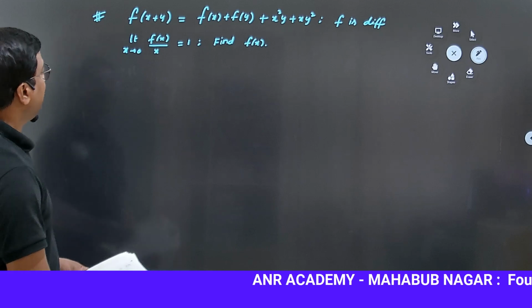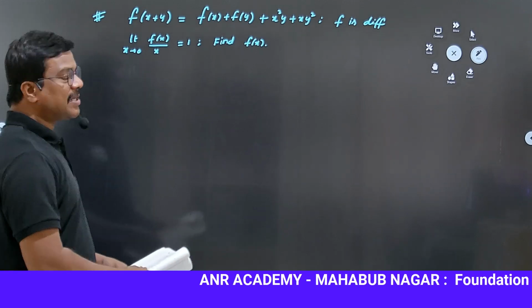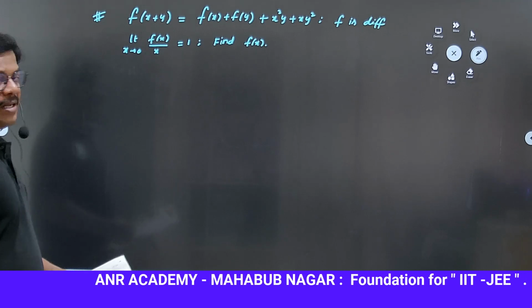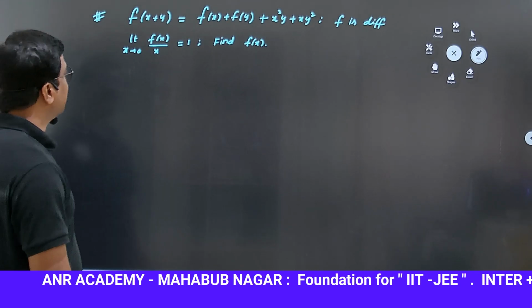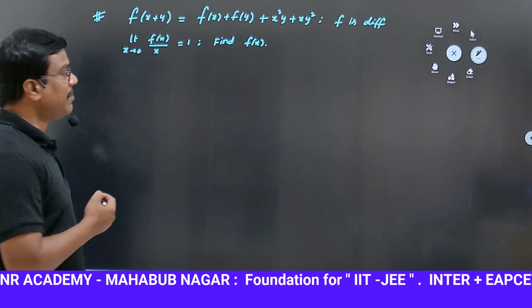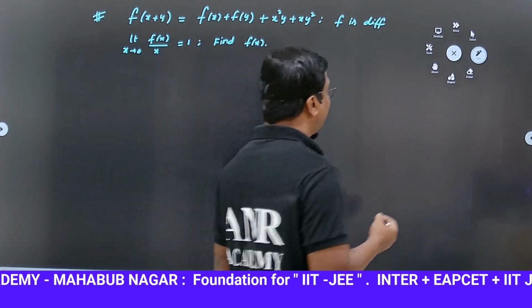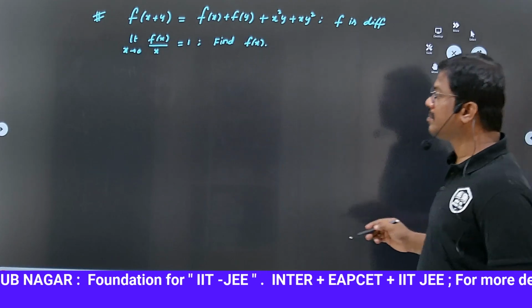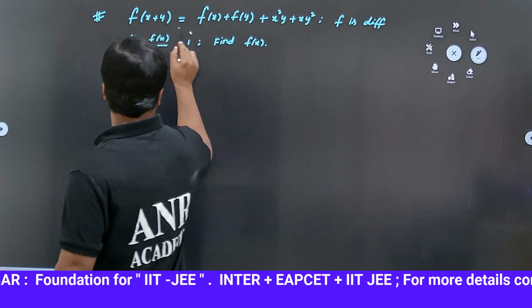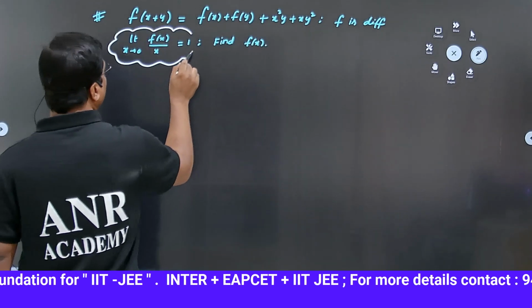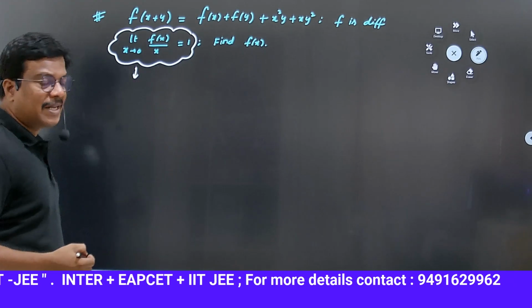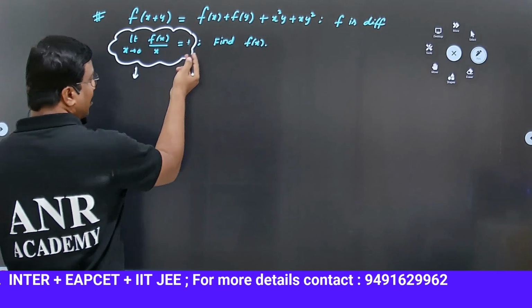See here, f is differentiable, there is a functional equation, and one more condition is there: limit x tends to 0, f of x by x equals 1. Then we need to find the value of f of x. First I am going to solve this directly by substituting x value 0, it is not 1.